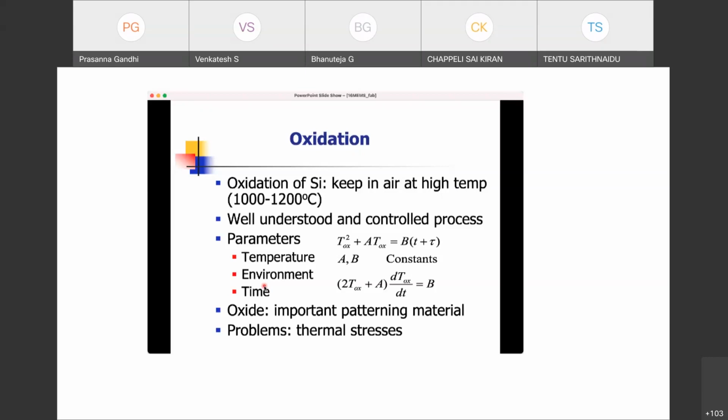The spatial dimension can go down to that value too: electron beam can go to 20 nanometer, but below that you need to go for ion machining or ion etching processes. Thicknesses of 5, 8 nanometer are very easy to obtain. If you want the thickness dimension to that, by this oxidation and other processes it is very easy to obtain the control parameters, and then you get those kinds of thicknesses.